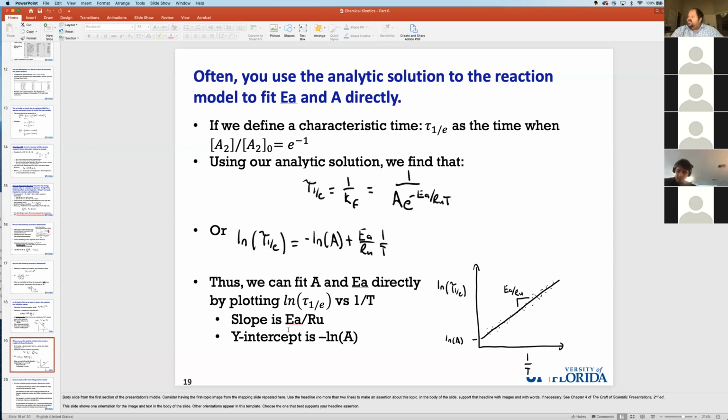Then the slope will be positive EA over RU, and the y-intercept will be minus the natural logarithm of the prefactor. Okay, and so you can play a bunch of games like this if need be to find all of the Arrhenius terms and things like that.